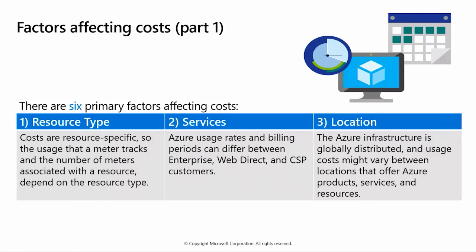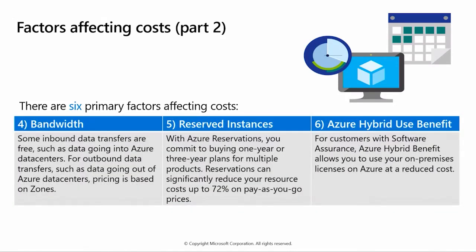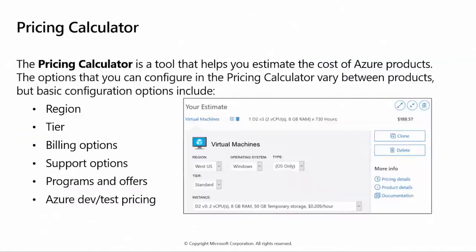So when you can, select a lower cost region. When it comes to bandwidth, you're going to pay for those outbound transfers. So if you are crossing billing zones, there will be a charge. So try to keep all of your regions in the same billing zone. But there's other ways to save money, whether you're choosing it through reserved instances or you're taking advantage of the hybrid benefit. Let's go ahead and put that all together in the pricing calculator.